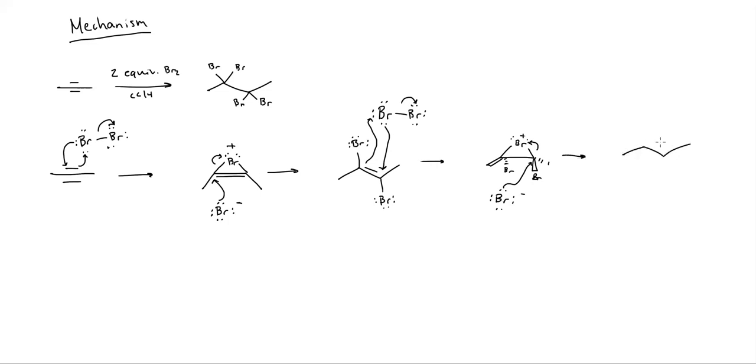That gives me my product. That's it. So again, it's basically just the same mechanism that happens two times in a row. And it's the exact same as the addition of halogens to alkenes. The only difference is I just have one more bond. It just happens twice.